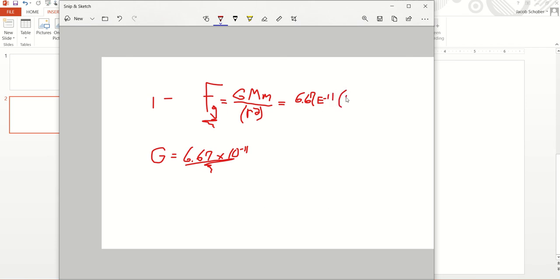That would be given to you. Mass of the Earth, about 5.98 times 10 to the 24th power. That E there, just like I wrote over here, means the same thing as times 10 to the. And then my mass is about 90 kilograms.